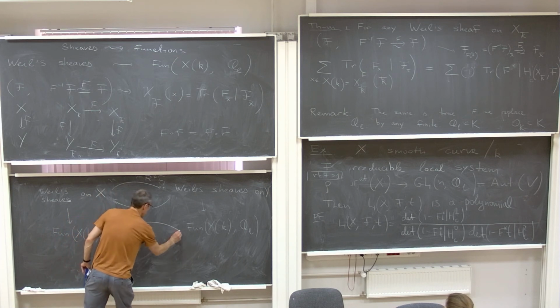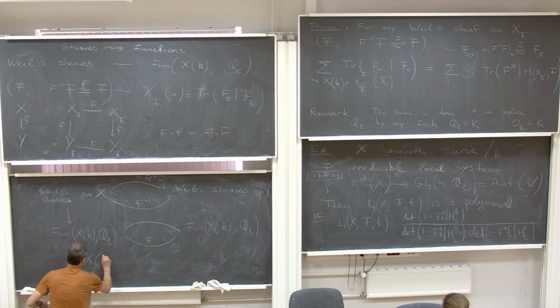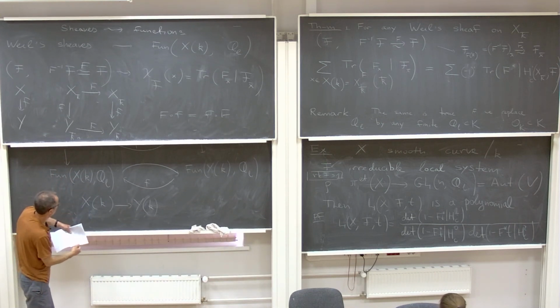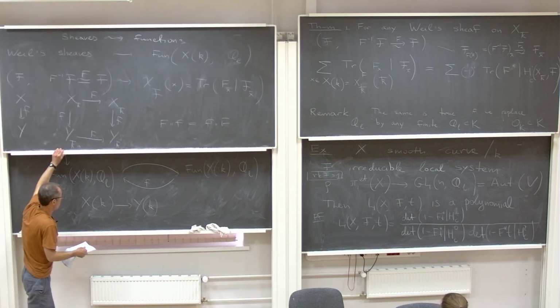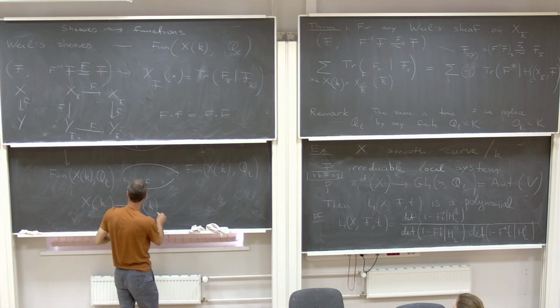And here I also have two maps. If I have a function on Y, then X(k) definitely maps to Y(k), so that means that I can compose functions.